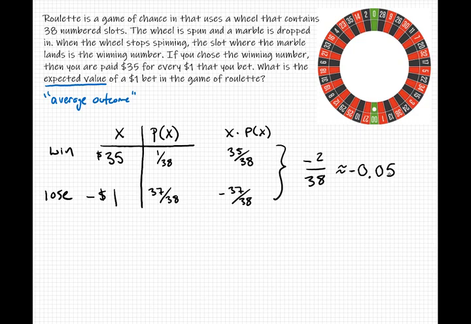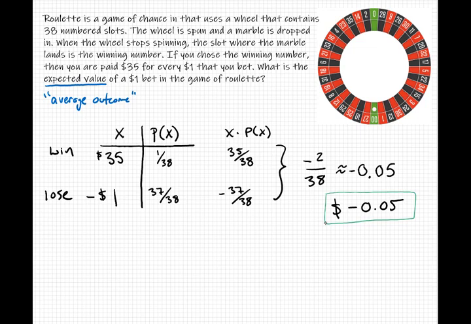But when you took all those wins and all those losses and averaged them all out, it comes out to be about a 5-cent loss per game. So that's the expected value of the game. The average outcome is the expected value.